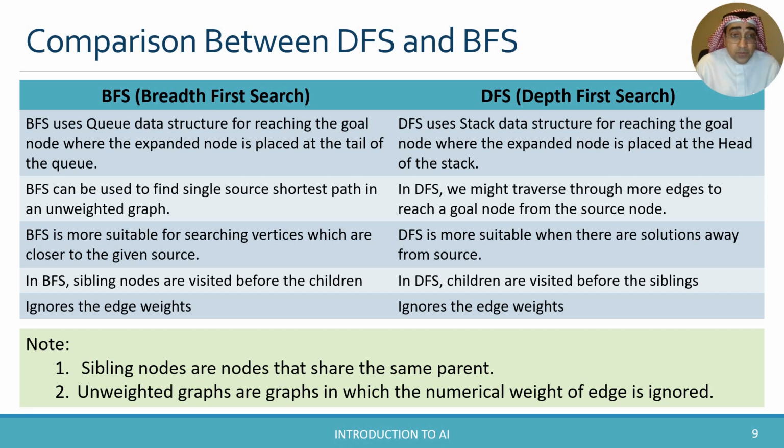Okay, so the breadth first search can be used to find single source shortest path in an unweighted graph. So if your graph is not weighted, you will find the shortest path. The depth first search might traverse more edges than the breadth first search, depending on the shape of the graph or the tree that you are searching.